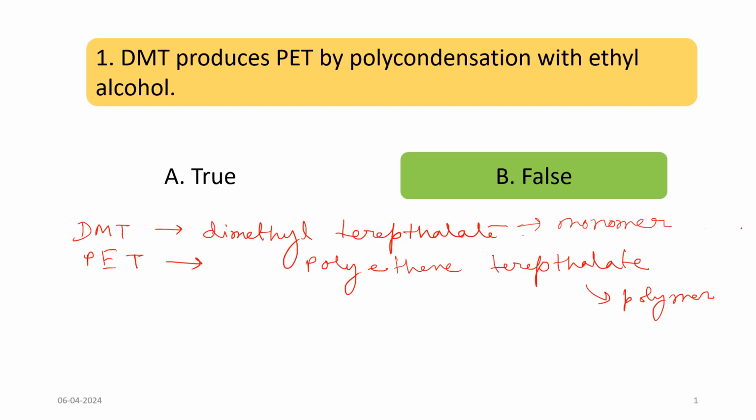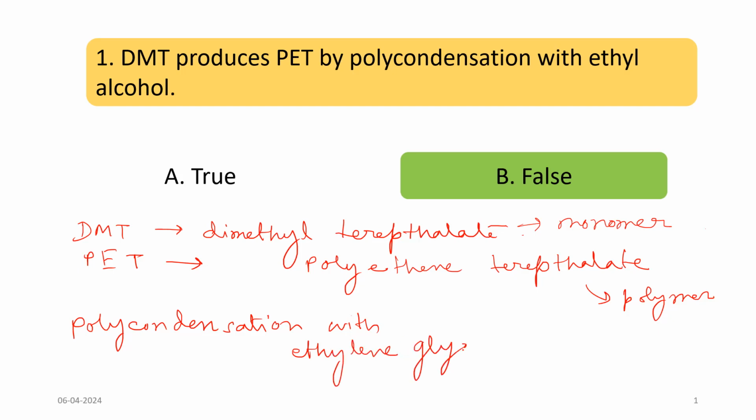So from DMT, PET is definitely produced, but it is not by polycondensation with ethyl alcohol. It is polycondensation with ethylene glycol.